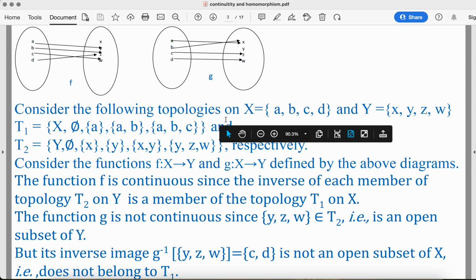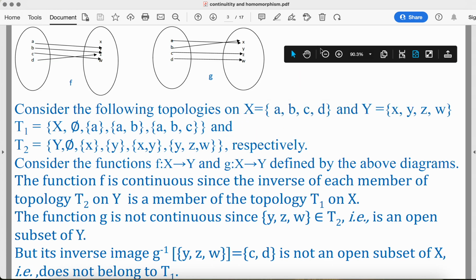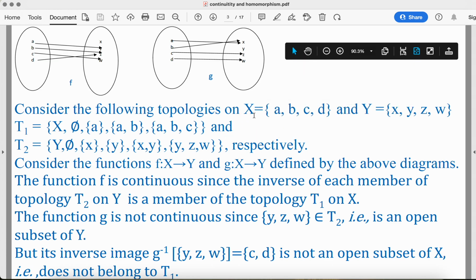Suppose we consider this example. Suppose we are given two sets X equal to {a, b, c, d} and Y equal to {x, y, z, w}. This is the set X and this is the set Y. Suppose we define two topologies.